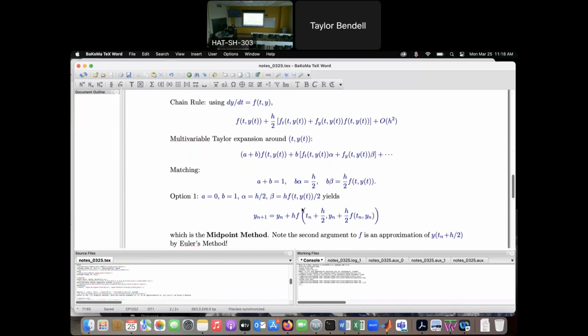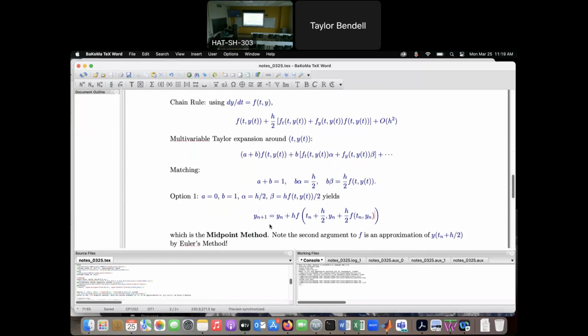Another way of thinking about it is, since this derivative is evaluating the midpoint in time, tn plus h over 2, I can think of (y_{n+1} minus y_n) over h differently. In Euler's method, we use that as an approximation of the derivative at time tn.